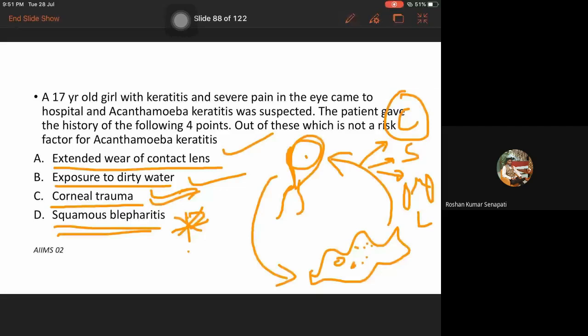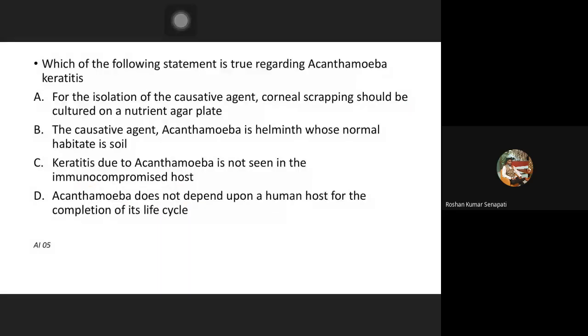Which of the following statements is true regarding Acanthamoeba keratitis? Option A, for isolation of the causative agent, corneal scraping should be cultured on a nutrient agar plate. Second option, the causative agent, Acanthamoeba, is a helminth whose normal habitat is soil. Third, keratitis due to Acanthamoeba is not seen in immunocompromised hosts.